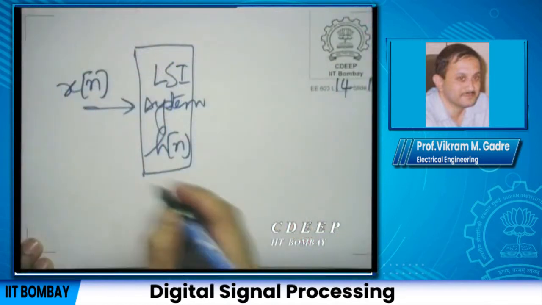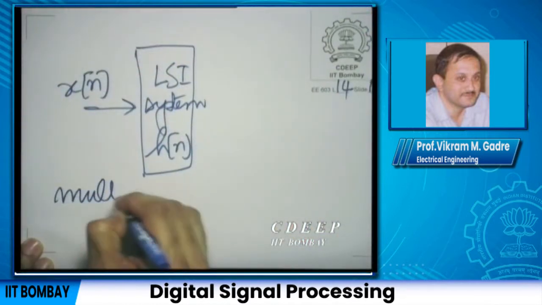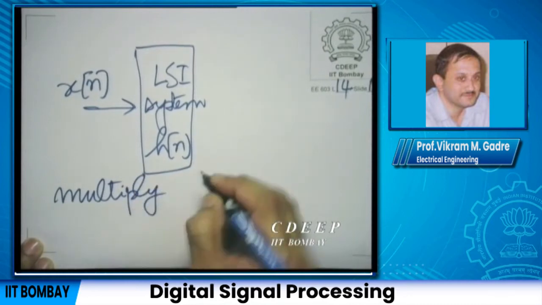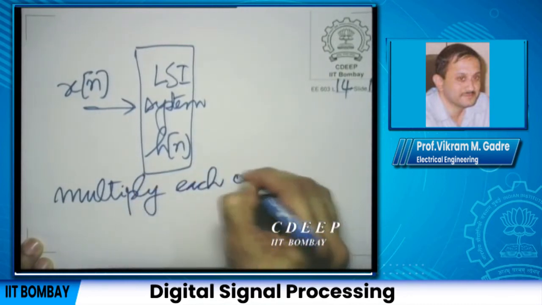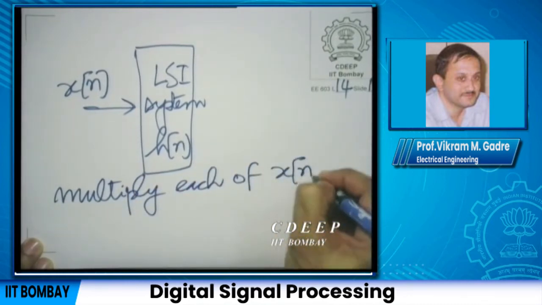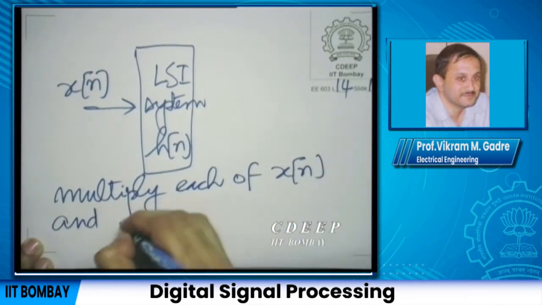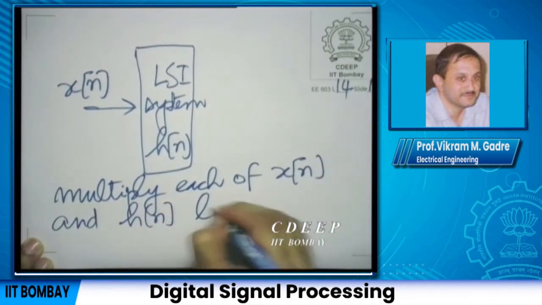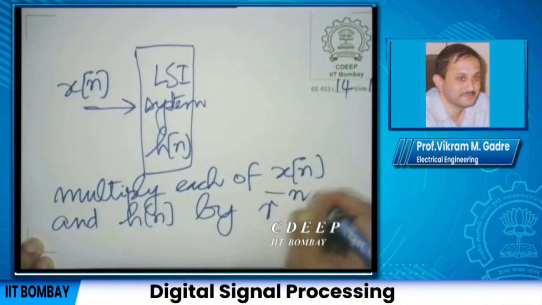So, you could multiply each of x n and h n by a suitable r raised to the power minus n.